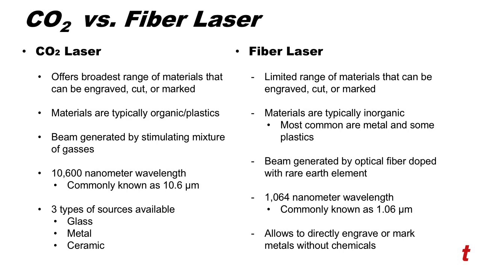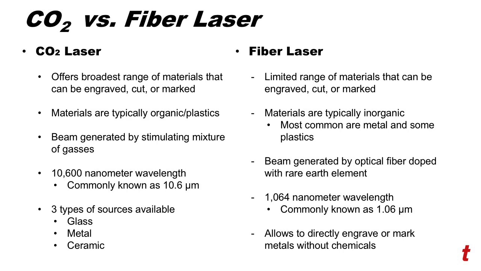The fiber laser has a limited range of materials that it can engrave, cut, or mark. Materials are typically inorganic. Most common are metals, as well as some plastics. The beam on a fiber laser is generated by an optical fiber doped with a rare earth element.